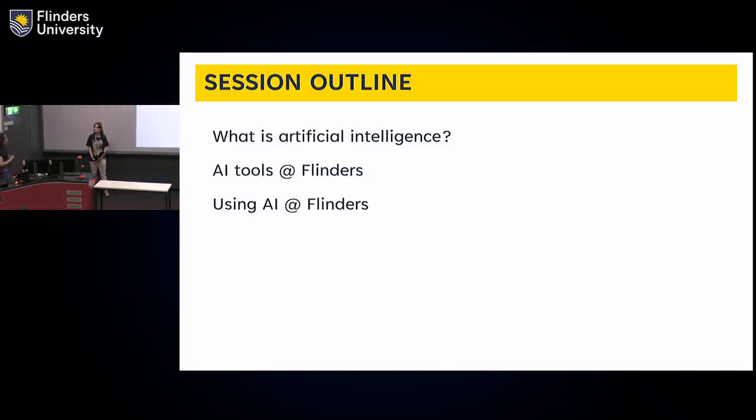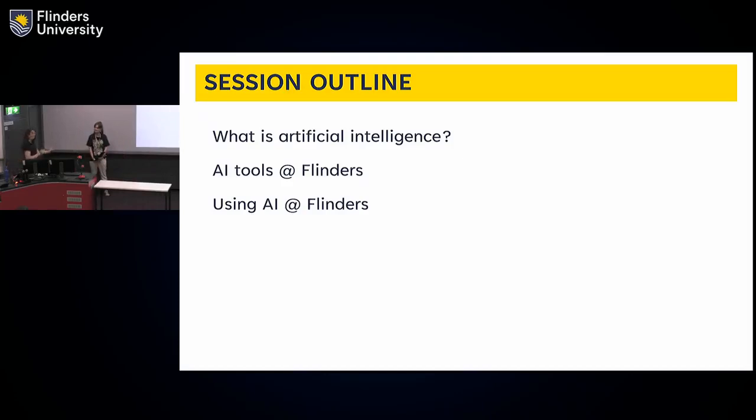So what are we going to talk about today? We're going to give you a brief overview of what AI is, because I'm sure, by now, it's 2026, most of us are pretty familiar with AI systems and what Gen AI is and how large language models vaguely work. So we'll go through a little bit of the high level stuff on that. We are going to dive a little more deeply into the AI tools that we recommend that you use here at Flinders.